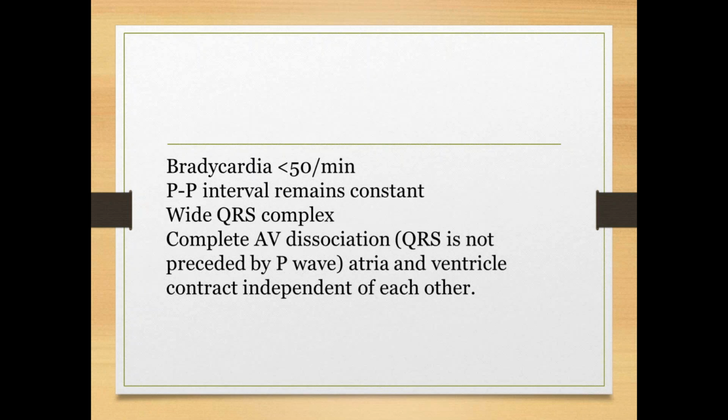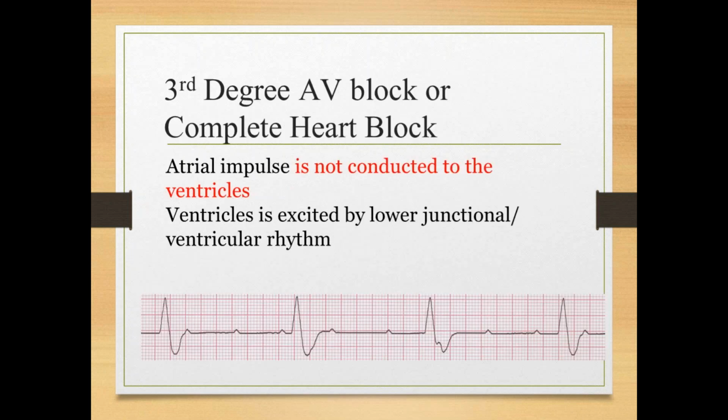You can find a P wave, you can find wide QRS complexes here. So there is a wide QRS complex, there is sinus bradycardia, you can see severe bradycardia. If you calculate the heart rate, it will definitely be less than 50 per minute. And atria and ventricles contract independent of each other, P waves and QRS complexes.